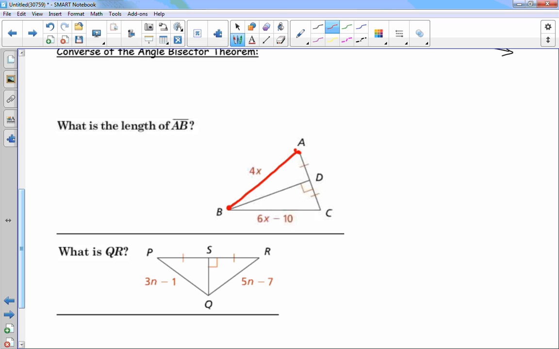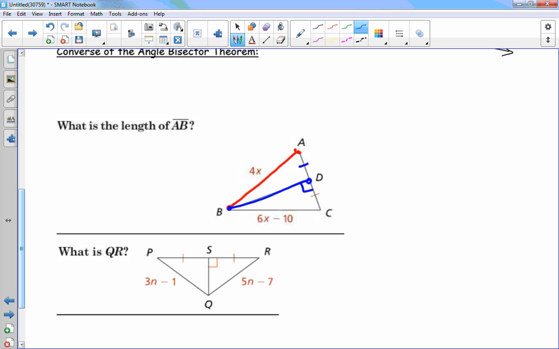There's a 90 degree angle inside the triangle, which means this segment BD is what type of segment? A special type of bisector. I'm looking for a P word. Perpendicular bisector.